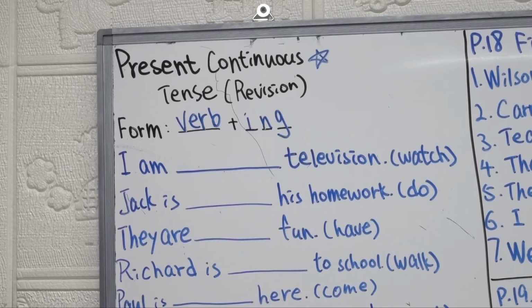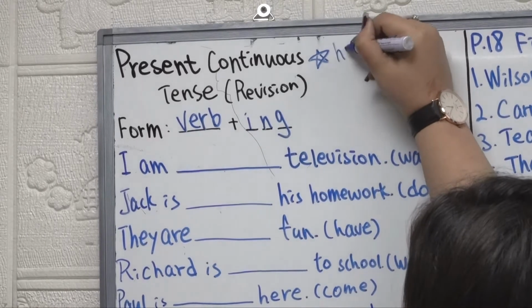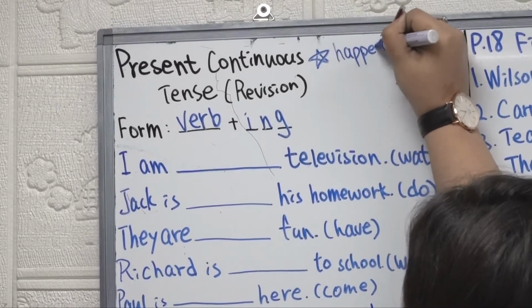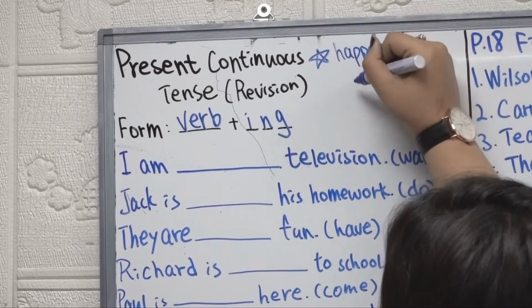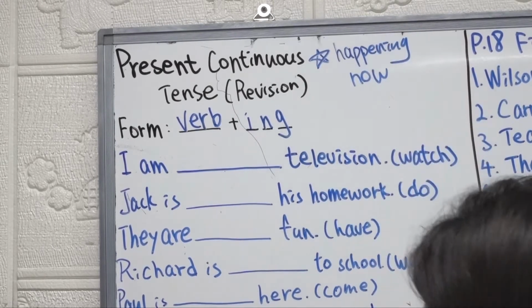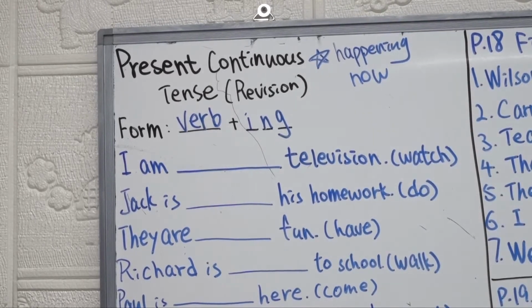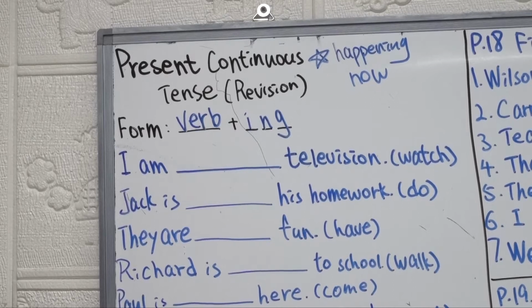When something is happening now. That's why we use present continuous tense. So all we have to do is take the verb and add ing.